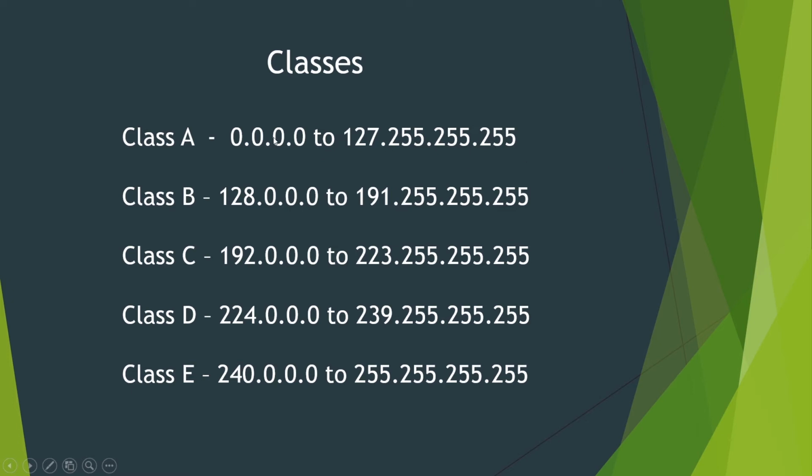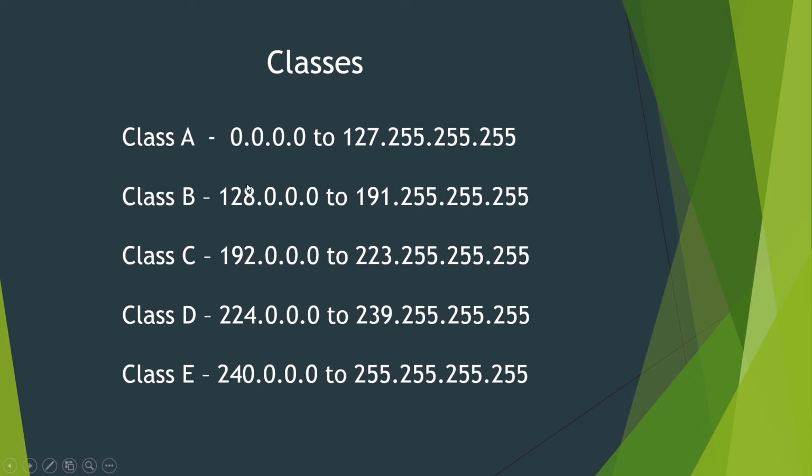In this class A there is another range called the private address range, which is 10.0.0.0 to 10.255.255.255. We will see that when we are doing the actual scan. And class B is from 128.0.0.0 to 191.255.255.255. This is the class B IP address range.